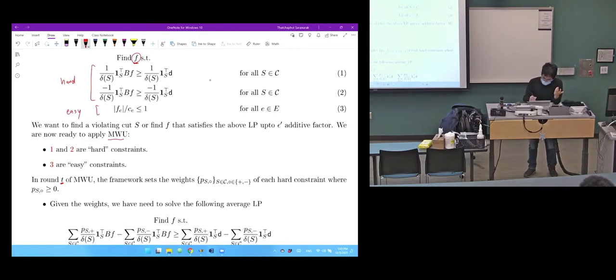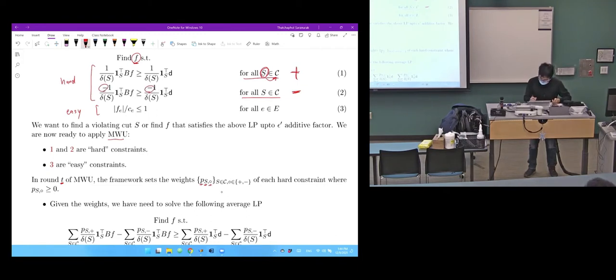What is the weight? For each of these hard constraints, there will be some weight associated with it. I think of the weight as p here, and this is for each set in the family. I think of it as a plus hard constraint and a negative hard constraint, just because they are almost the same, except that this one is negative here.